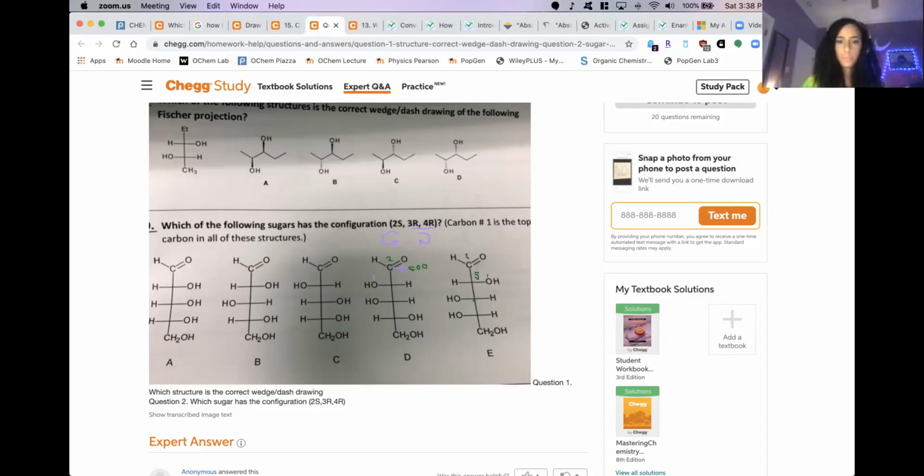So the way the priority groups work, it's based on atomic number. Here you have this carbon number 2 attached to carbon, hydrogen, carbon, and oxygen. Oxygen's atomic number is 8 and carbon's is 6.